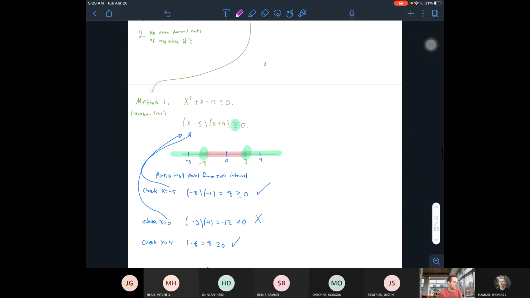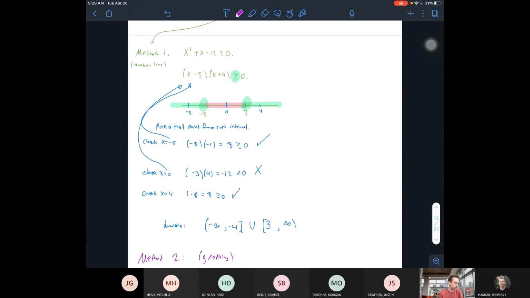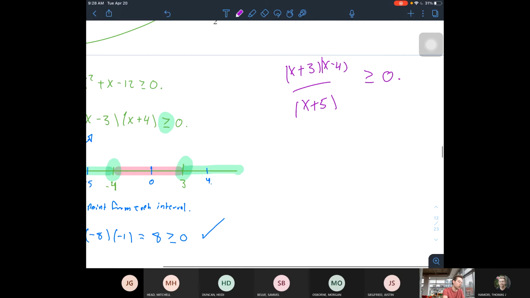Okay, by the way, the number line method is also used to solve rational inequalities. Those were inequalities where we had something like x plus 3 times x minus 4 divided by x plus 5 is larger than or equal to 0. Then we also had to put the 0 from the denominator on the number line.